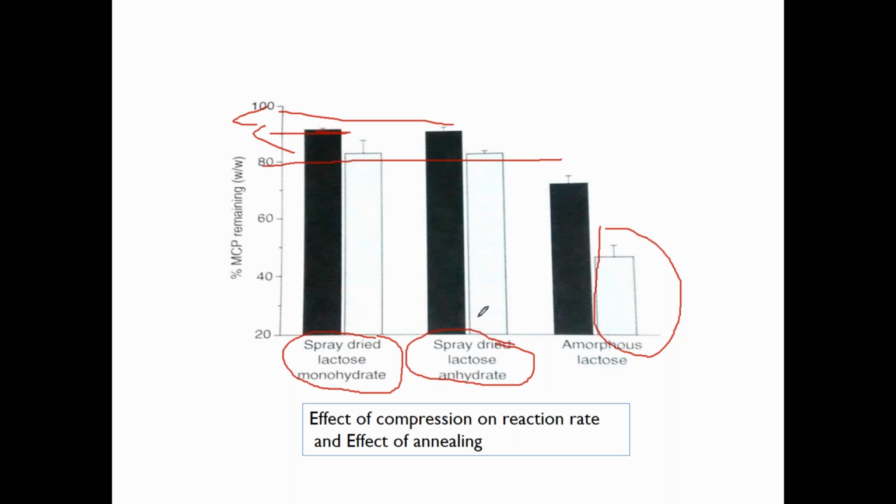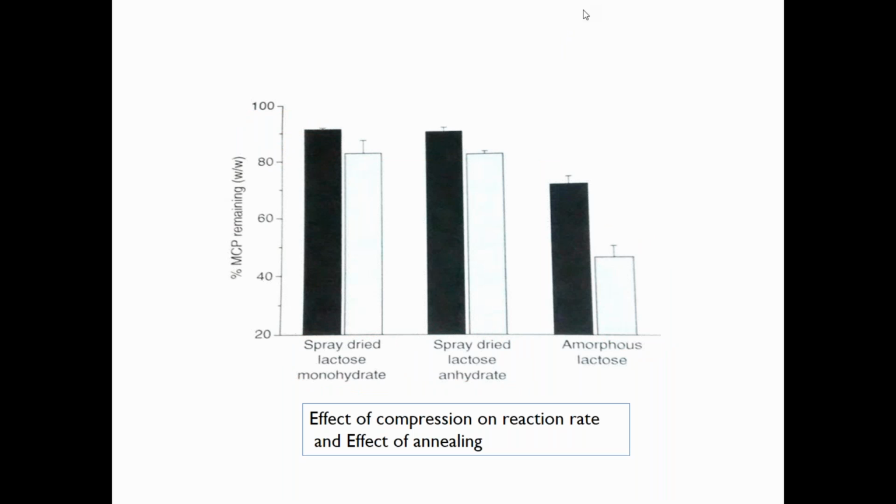What can I do so that the excipient is retained, but the reaction is still not happening? That's what they could do with the annealing process. They can keep the same excipient, but still minimize the reaction happening between the drug and the excipient. So like this, you can see a lot of examples in the textbook if you have the option to refer to the textbooks. So now proceed with the next one, some of the examples.